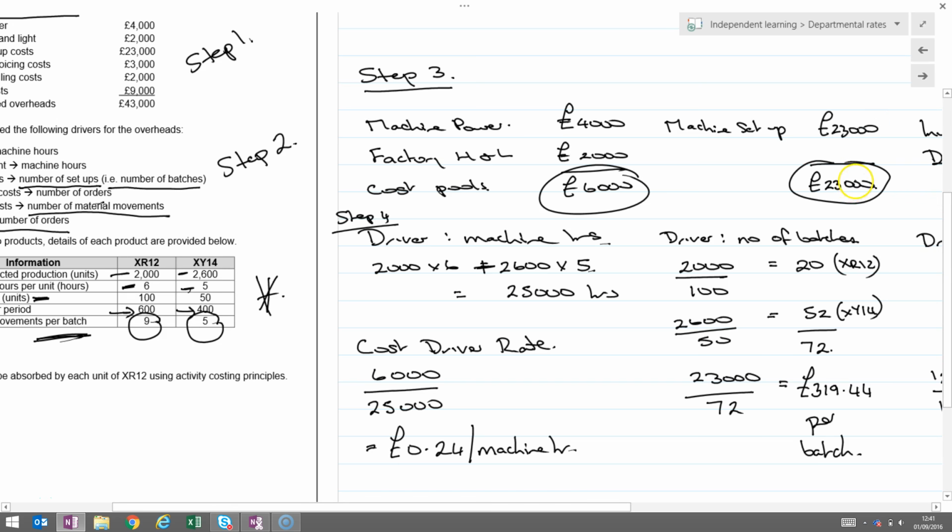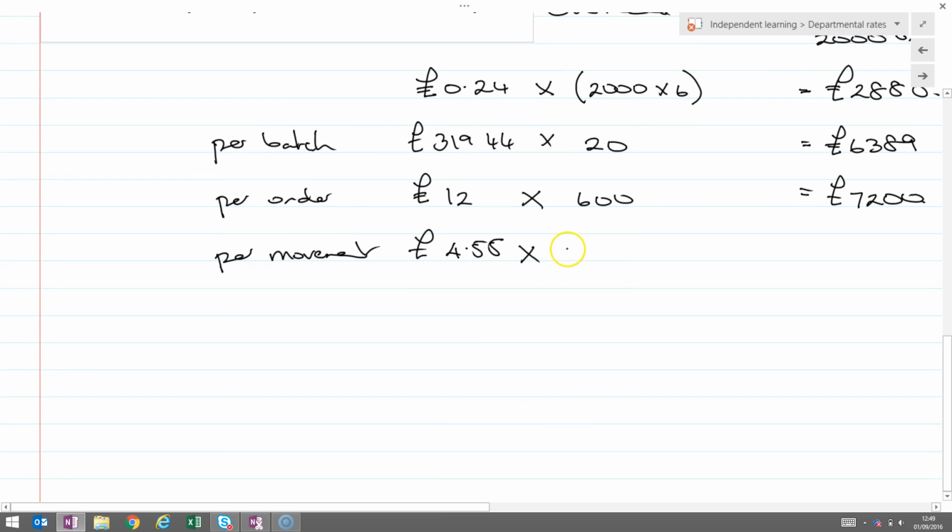And our last overhead absorption rate or cost driver rate, £4.55 per movement. Okay, so per movement, £4.55. And how many movements in the period for the XR12? Well, there was 9 movements per batch, and during the period there was 20 batches. We've already worked it out earlier and we've used it in these calculations.